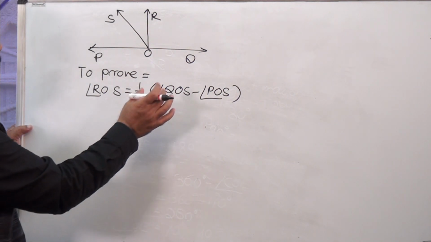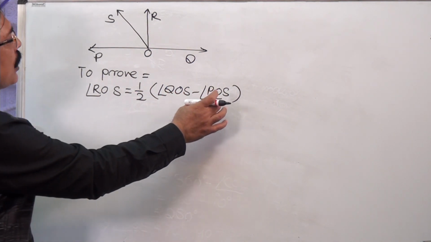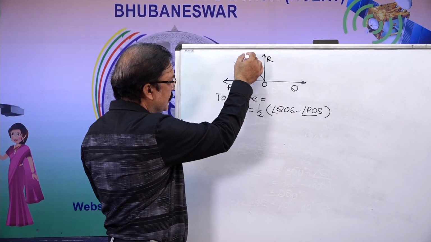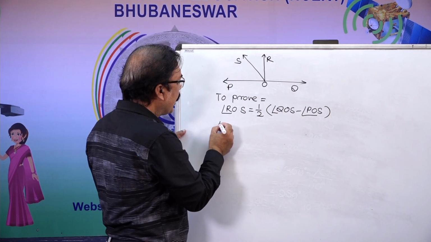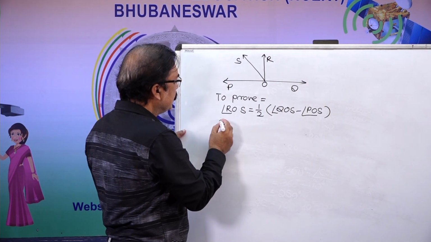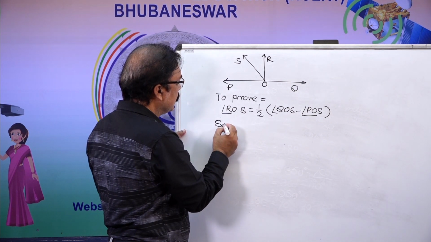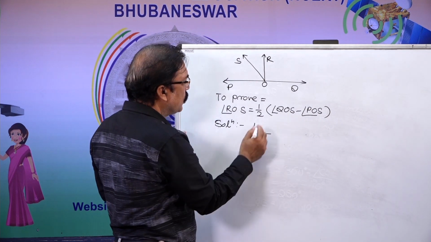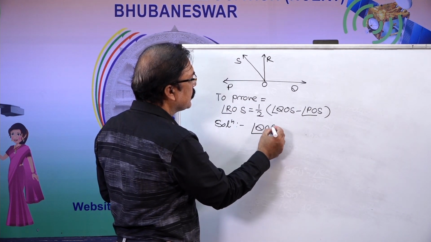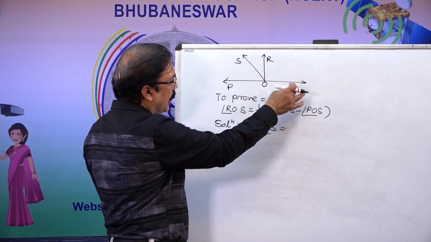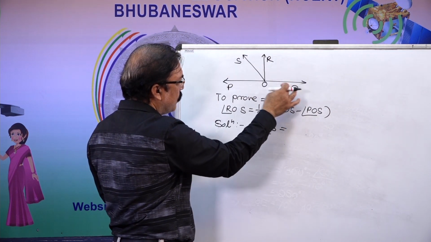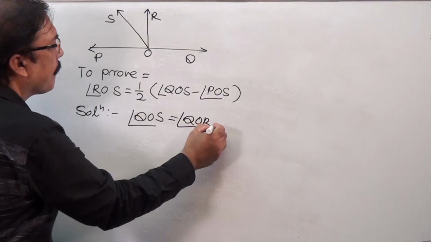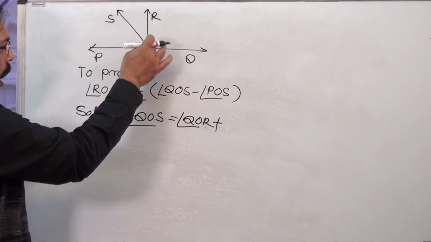Now, let us see what is QOS and what is POS. We can write QOS is equal to angle QOR plus angle ROS.